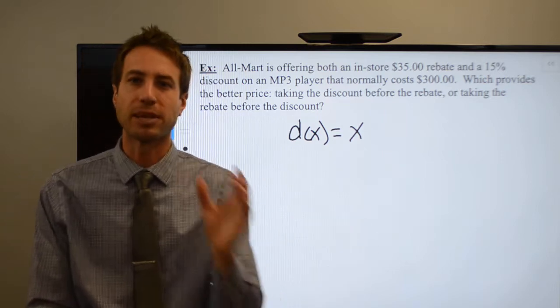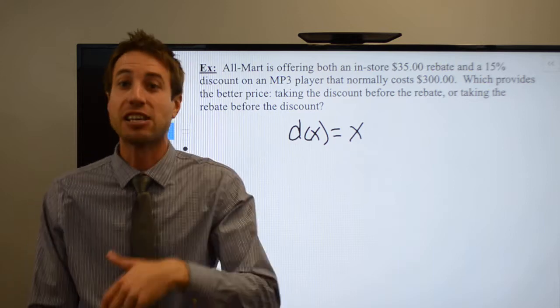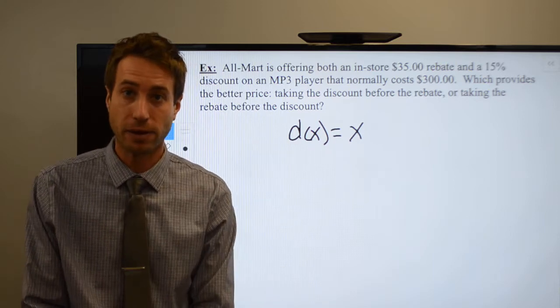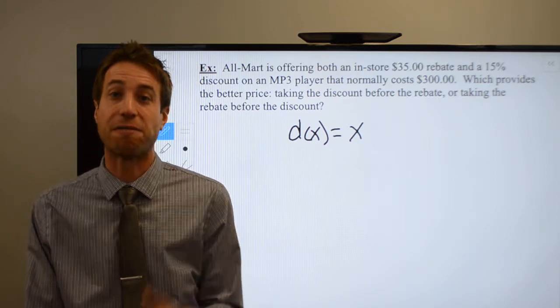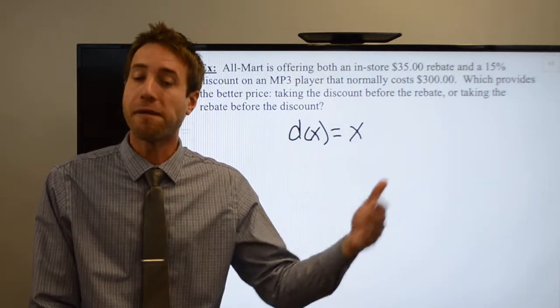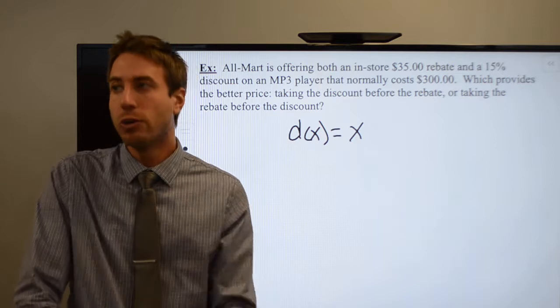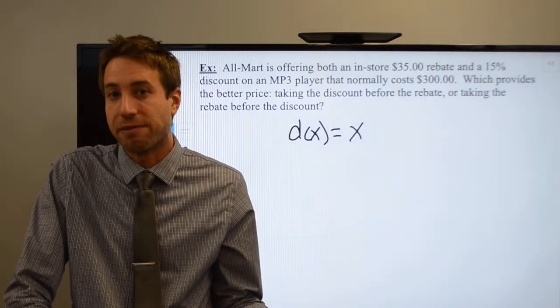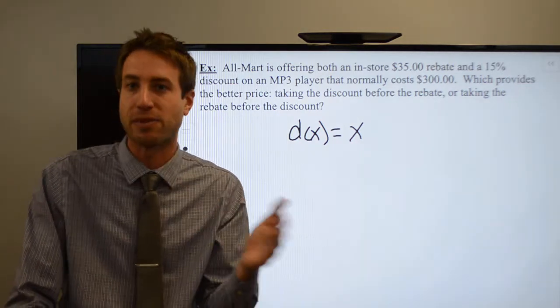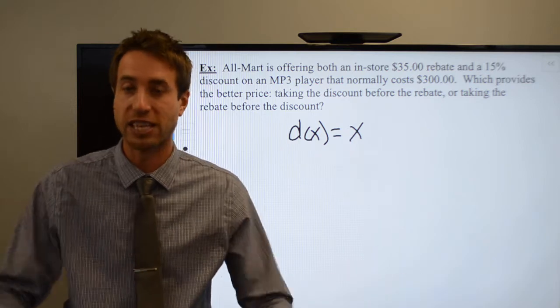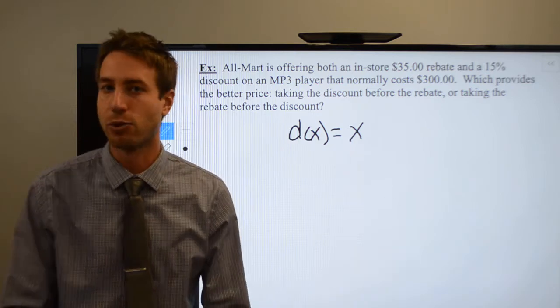If something costs $100 and it's 15% off, that means they're taking $15 off the price of the $100 item. So what do you actually pay? You're only going to pay $85, because you take 15% of 100, which is $15, and subtract that from the original price.